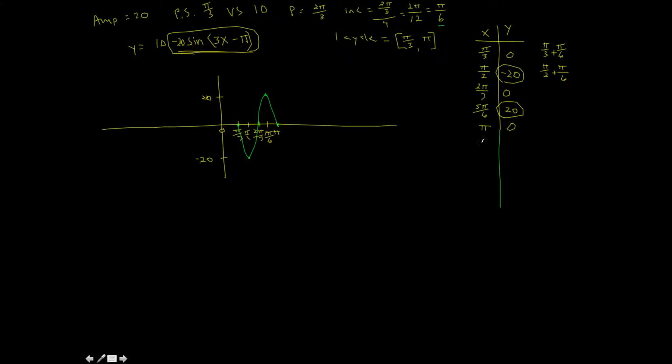So that's going to give me 7 pi over 6. Then add the increment again. That's going to give me 7 pi over 6 plus pi over 6 is 8 pi over 6, which is the same thing as 4 pi over 3.